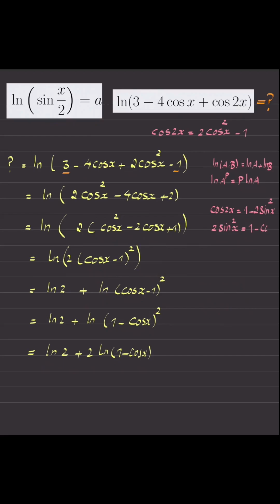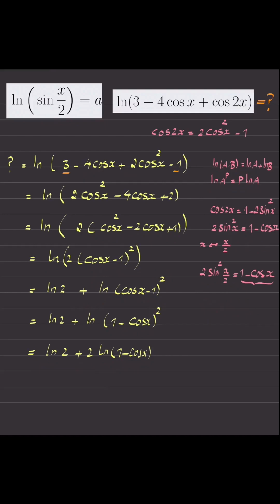This formula is valid for all choices of x, including x being replaced by x over 2. So 2 sine x over 2 to the power of 2 equals 1 minus cosine of 2 times x over 2, which is exactly x. That is exactly the expression you see here.